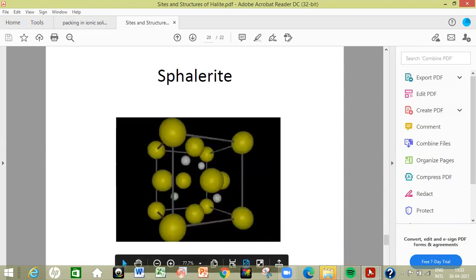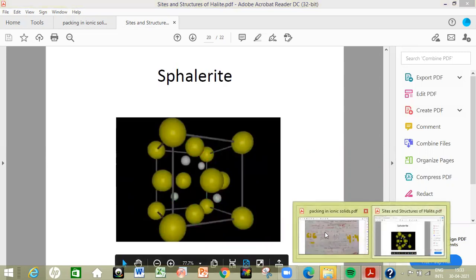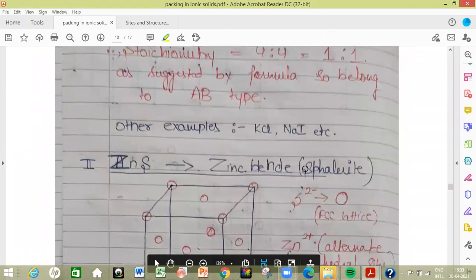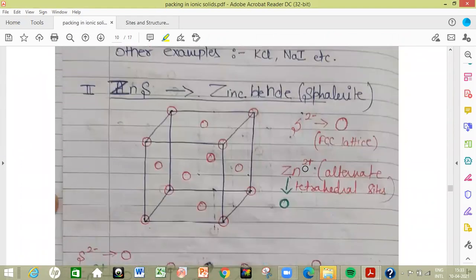Next we are going to discuss the sphalerite structure, which belongs to the zinc sulfide category. It is also from the AB type of category. In the case of zinc sulfide, here also the anions, that is sulfide ions, make the FCC lattice. That means they are present at all the corners and at all the face centers as shown here.